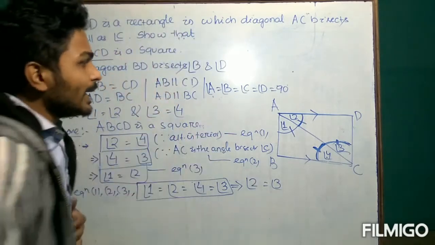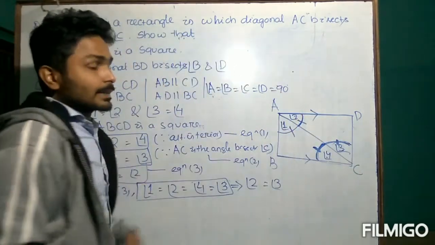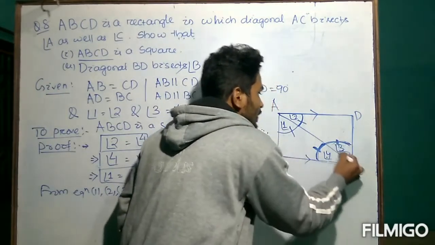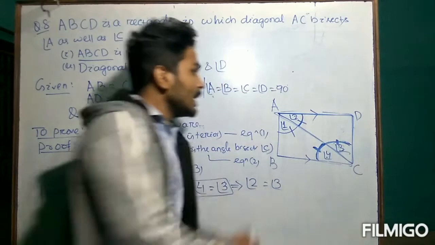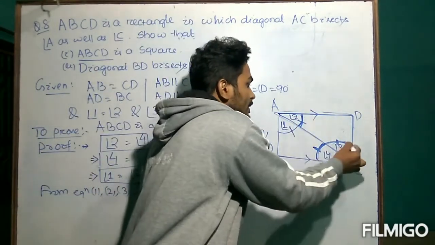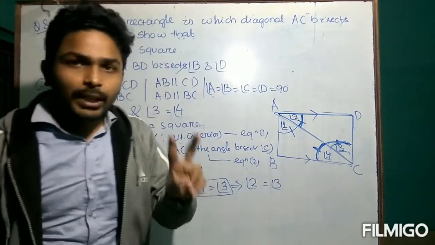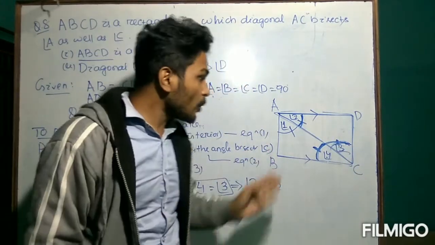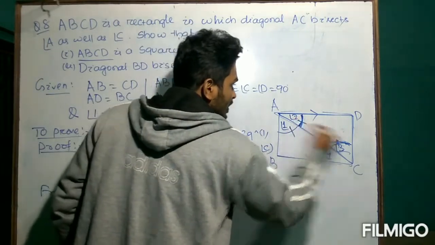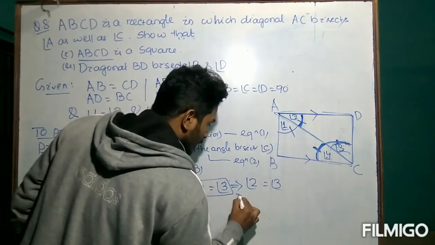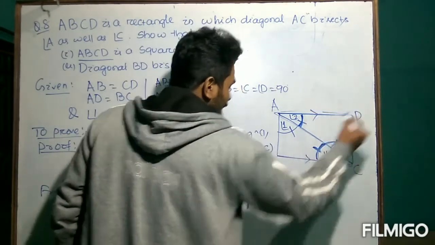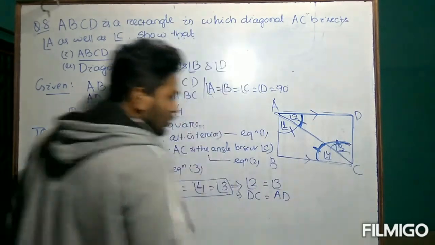Now, if 2 is equal to 3, then consider this triangle, triangle ADC. In triangle ADC, this angle is equal to this angle. If any 2 angles are equal in a triangle, then their opposite sides must be equal. The opposite side of angle 2 is DC, and the opposite side of angle 3 is AD. So we can write DC is equal to AD.